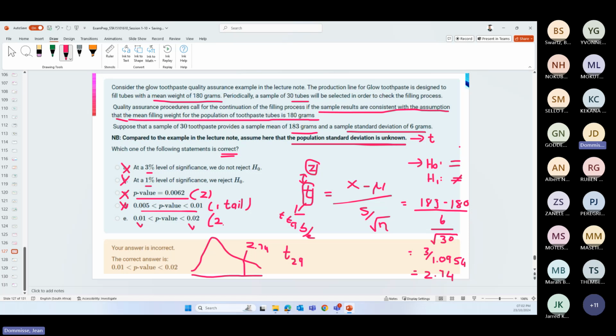Okay, so this one was really a tricky one because there was an answer for you if you worked with the Z. Here was the answer correct if you worked with a T distribution, but that was for one tail, and we are working with a two tail.